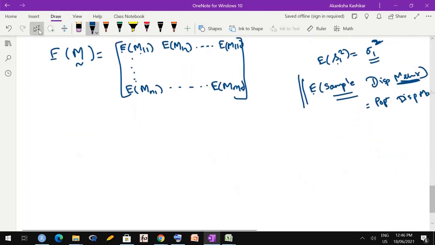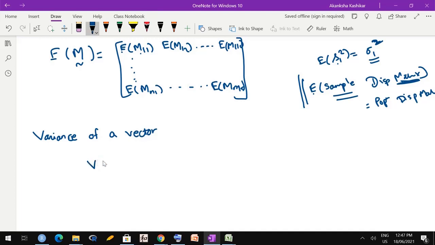Okay. So we have defined mean of a vector and mean of a matrix, and now we will talk about variance of a vector.